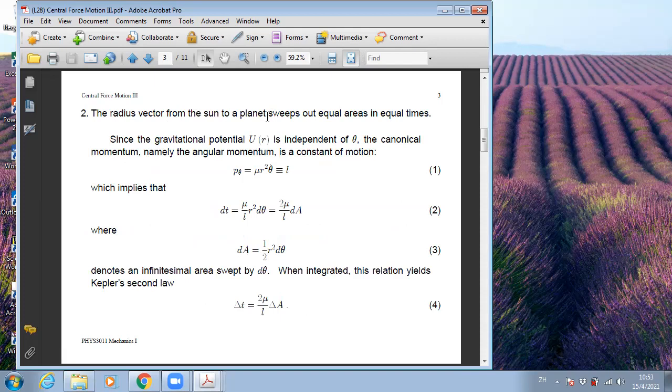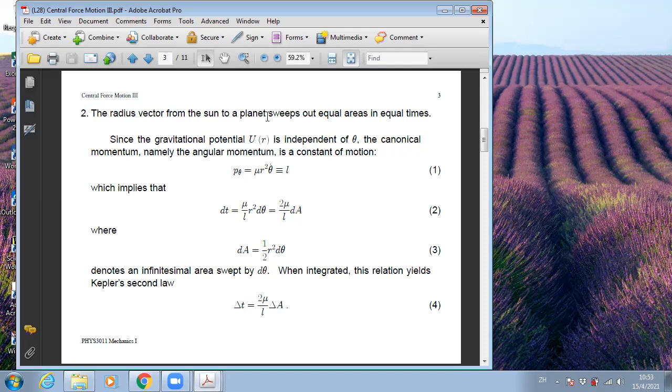Now, the first law seems to be okay if you just keep connecting the data for each planet motion, right? So, well, roughly it is an ellipse. So that conclusion is okay. But the second law is not that simple.